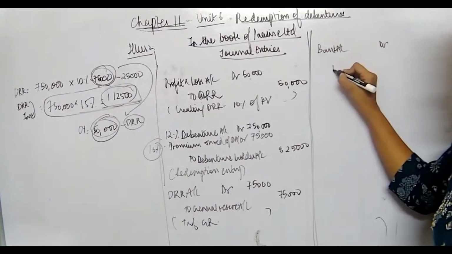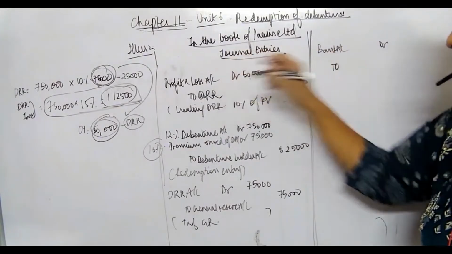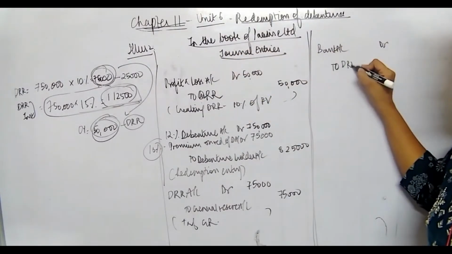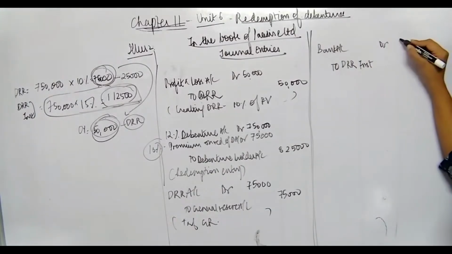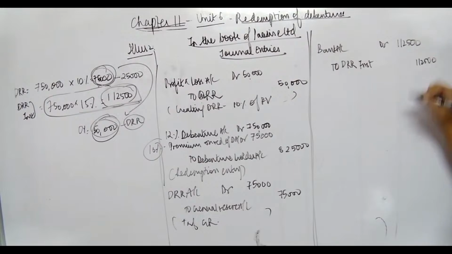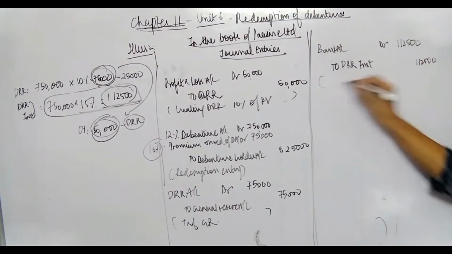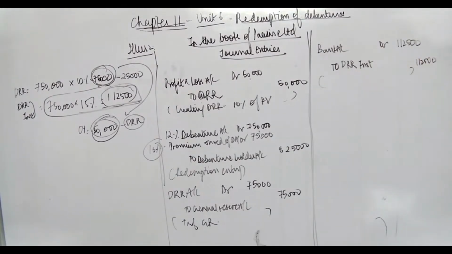I am going to debit the debenture redemption reserve investment 1,12,500, which I have already redeemed. So this is also over. I have bought it. I have also redeemed it.